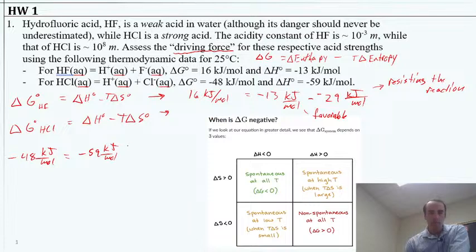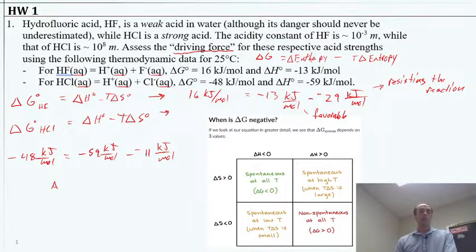And to get that to actually be equal, we have to subtract a negative 11 kilojoules per mole as that term. And since our change in entropy is favorable and our enthalpy is favorable, this is going to be favorable and spontaneous at all temperatures, right?